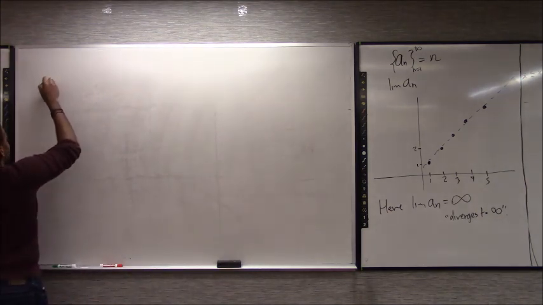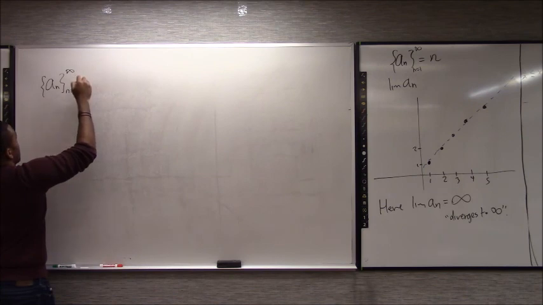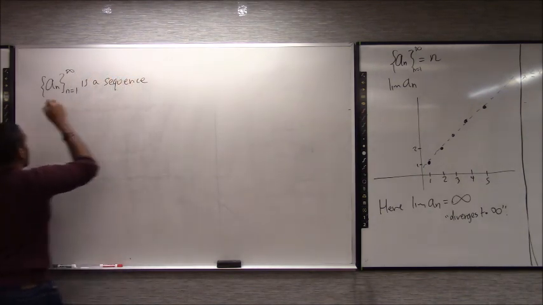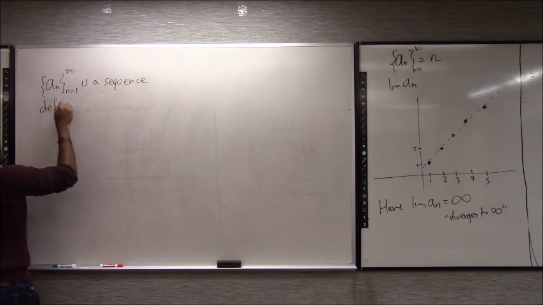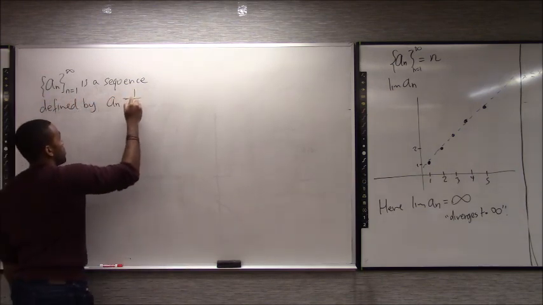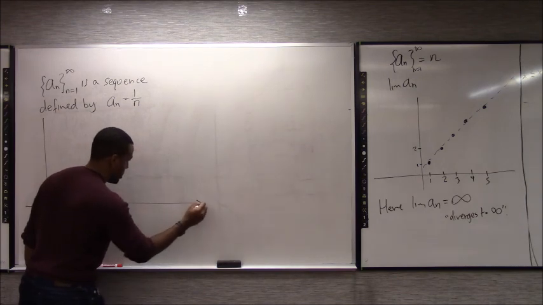Another example, say my a_n is a sequence defined by a_n equals 1 over n. I'll just draw a picture here as well, even though we don't really need it.